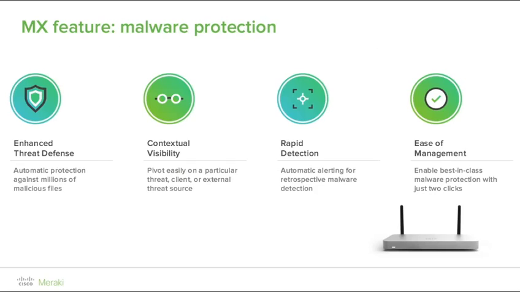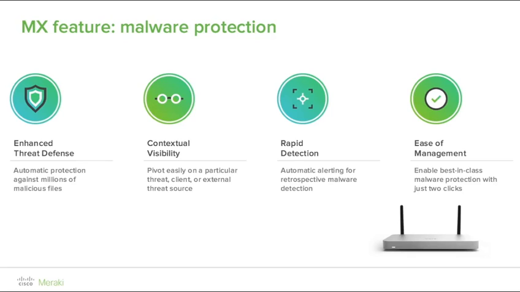MX feature, malware protection. Like all things Meraki, we like to offer comprehensive features with minimal complexity. The Cisco Advanced Malware Protection team and the Meraki MX teams worked really hard to bring the best anti-malware solution in the industry to the MX platform. Now that it's fully integrated, the MX gets access to the AMP Global Intelligence Database with the ease of use of the Meraki dashboard.